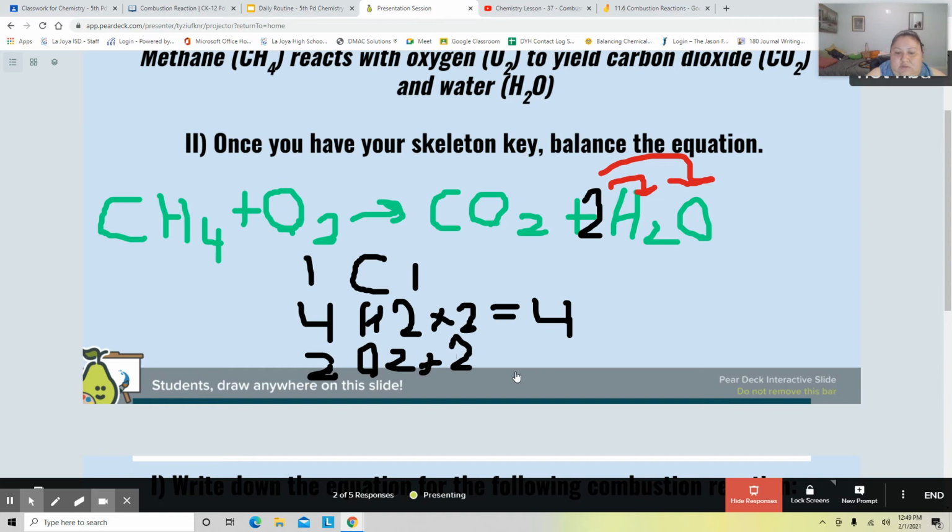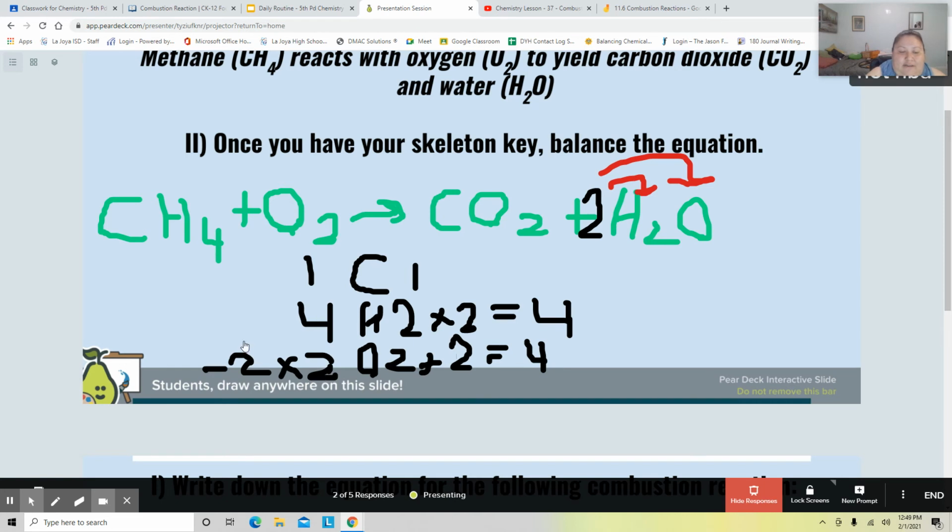Equals how many? How many does that equal? Can you make this into a 4? So now my carbons are balanced. My hydrogens are 4 and 4, but now my oxygens, I have 4 on this side, on the right.